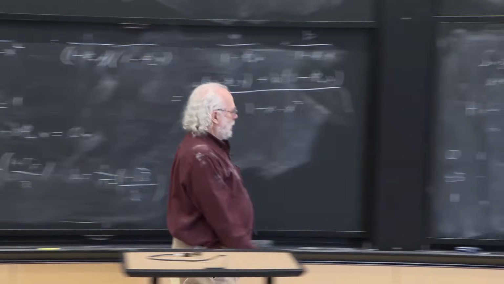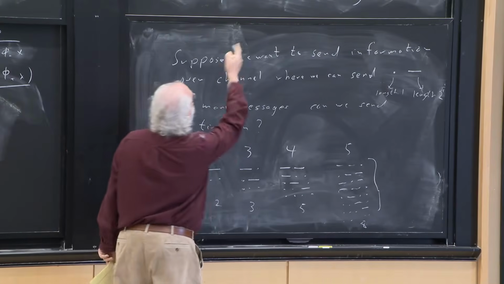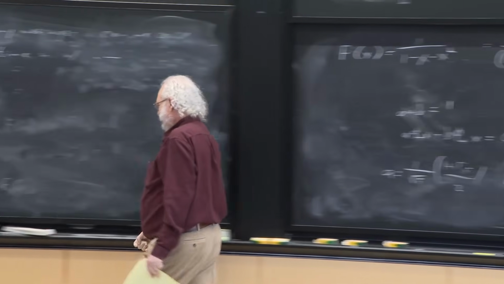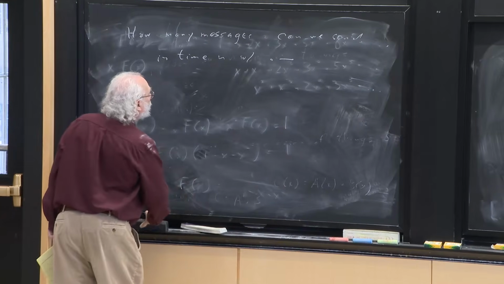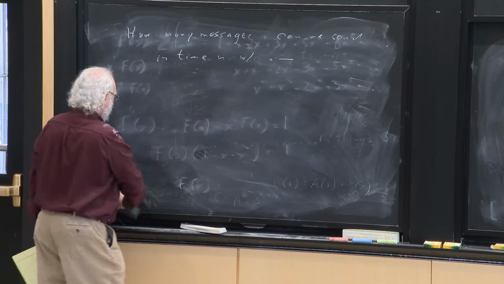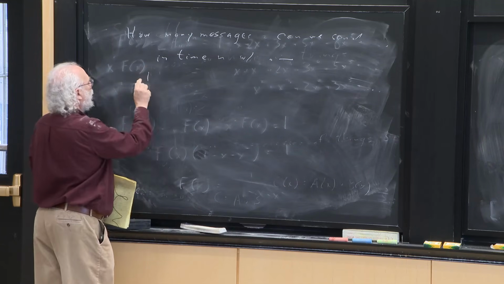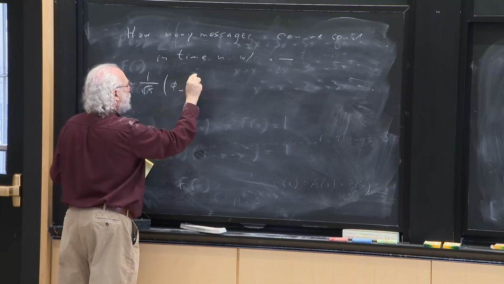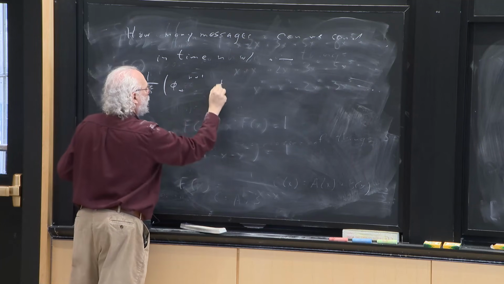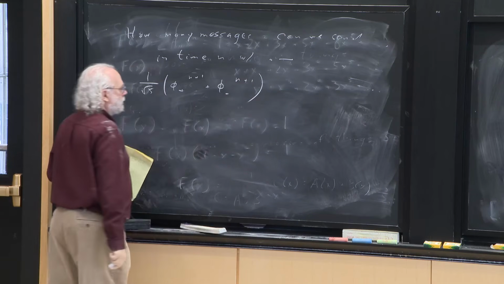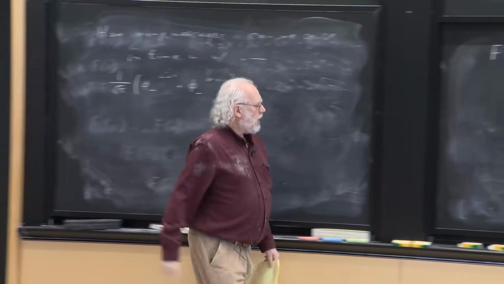Well, it's just this formula. It's 1 over root 5, phi plus to the n plus 1 minus phi minus to the n plus 1. Okay.